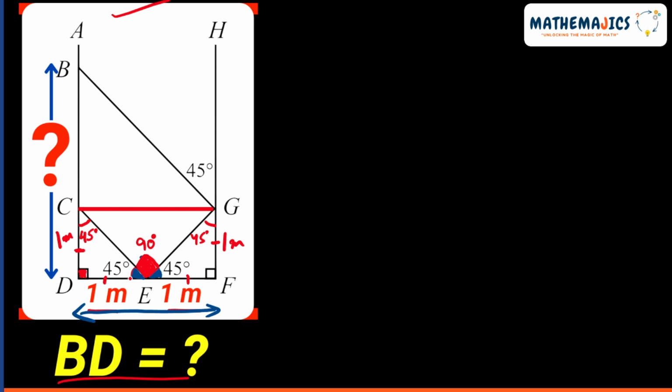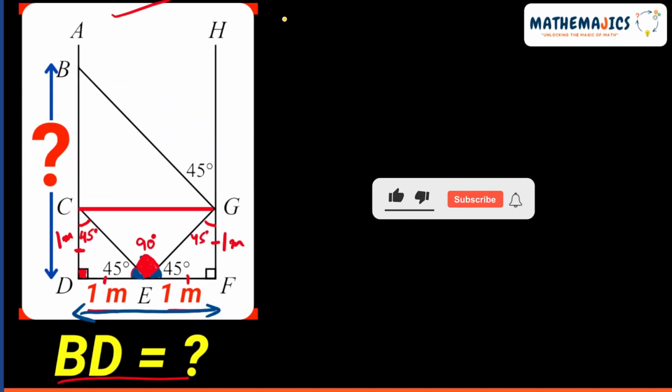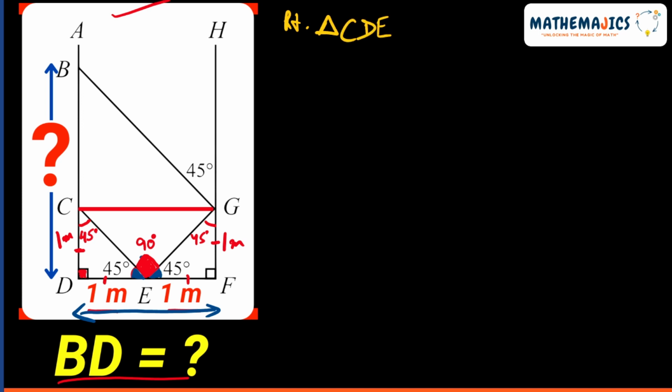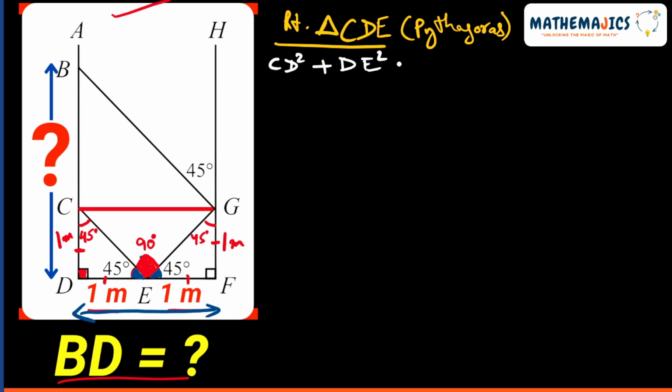Now, after this step, let's see what we can do. We will start with right triangle CDE and apply Pythagoras theorem on that right triangle. We will get CD square plus DE square is equal to CE square.